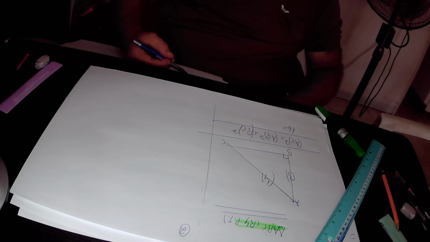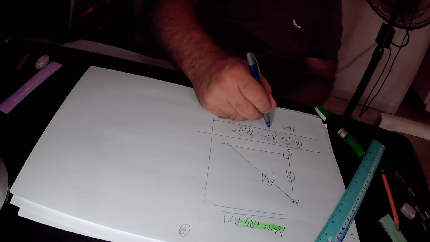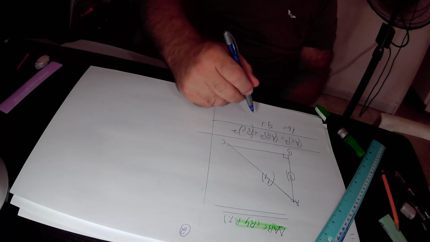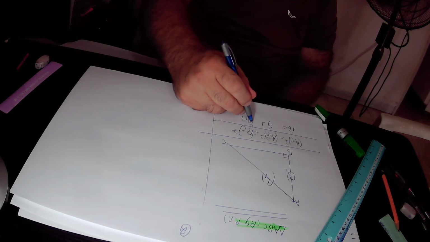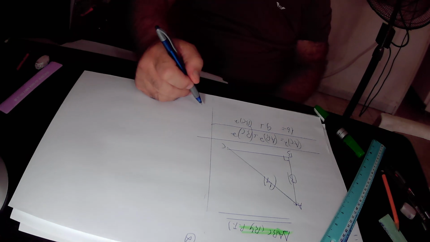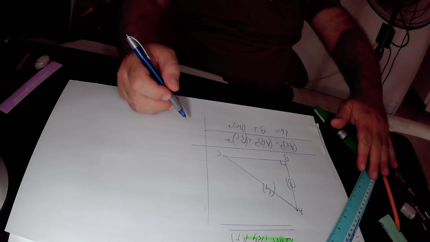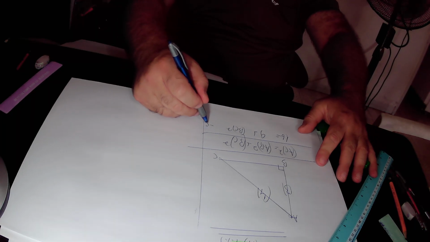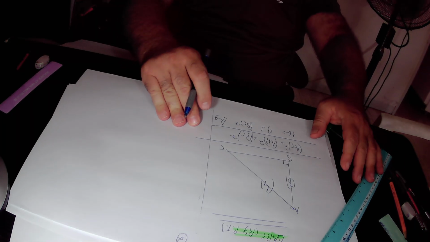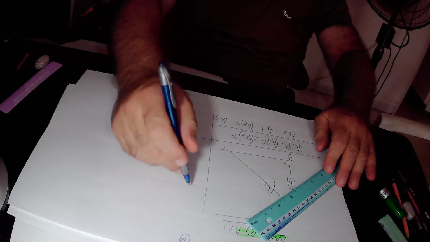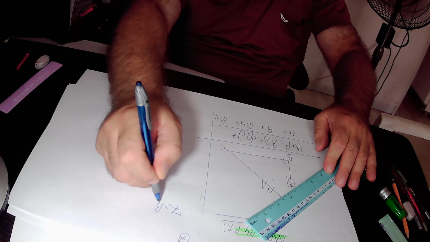AB is 3, therefore AB squared is 3 squared, that is 9, plus BC squared. BC is the missing side, so we leave it as it is. So in total, we found out that 16 equals 9 plus BC squared. Here we subtract 9 from this equation, and we get that 16 minus 9 is 7, so 7 equals BC squared.